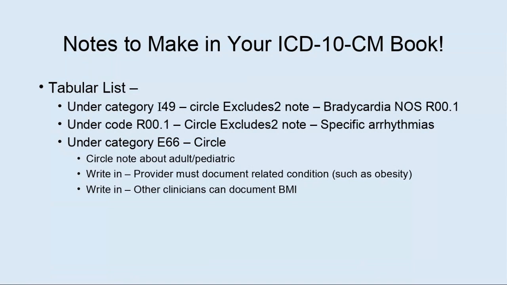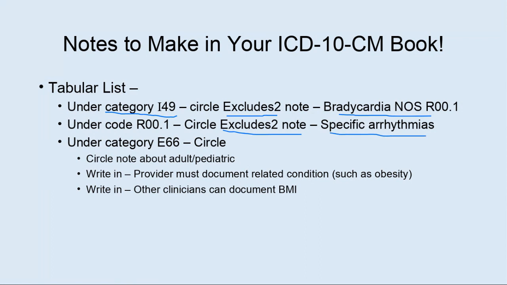So anytime you refer to a guideline, make a note or highlight it so next time you see it right away. For diagnosis coding, under category I49, circle that excludes 1 note, bradycardia NOS R00.1. Under code R00.1, circle that excludes 1 note, specific arrhythmias.